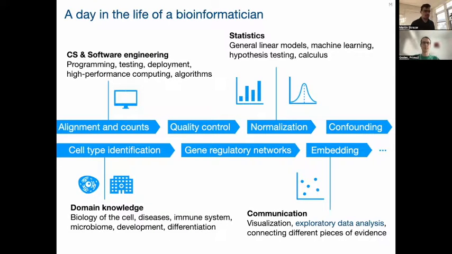It's interesting to consider the skills that a typical computational biologist or bioinformatician would use on a day-to-day basis.